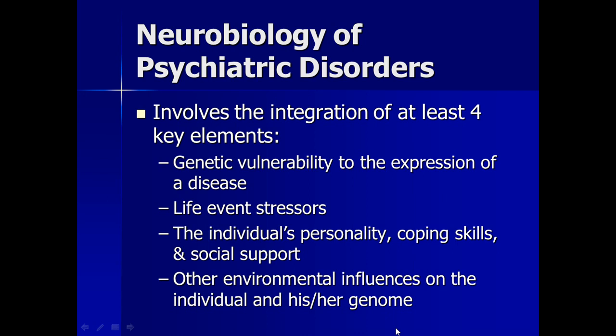So our mother could have bipolar. That does not necessarily mean that we will have bipolar, but it certainly does mean we have an increased vulnerability to having bipolar. And so the development of a psychiatric disorder does have to do with life event stressors as well.